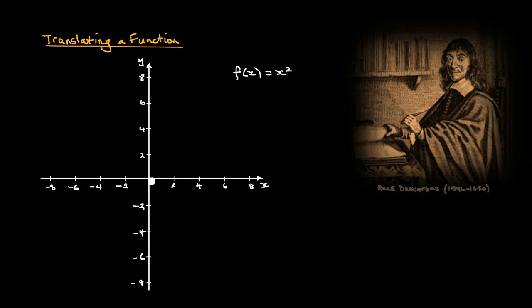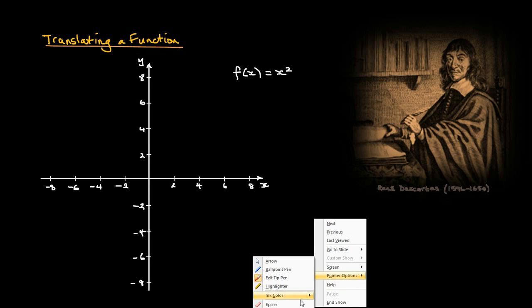So 0 squared would be 0, 1 squared would be 1, 2 squared would be 4, 3 squared would be 9, and so on, until we end up with a curve, which I'm just going to very quickly draw on here, like this. And let's use a red pen.